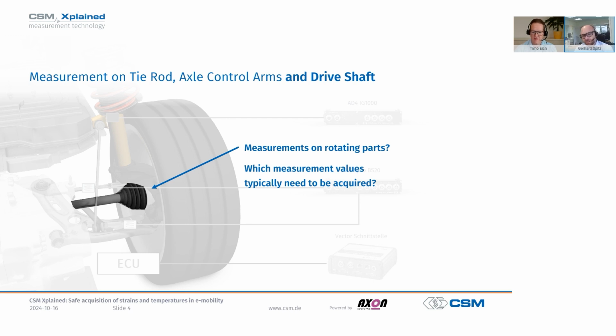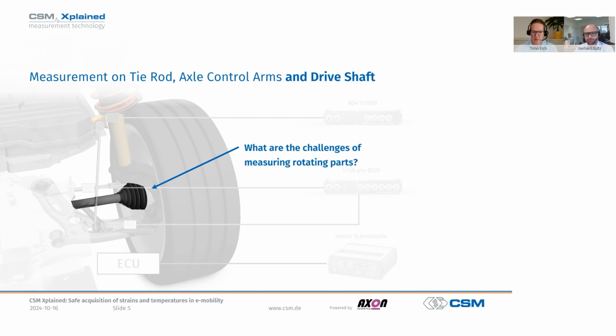So if you have the measurements of strain, then you have already covered a lot of tasks in automotive measurement projects. And on the other hand, of course, if you have some rotating machinery like gearbox parts, like drivetrain parts, then temperature is a very interesting part to see. So these are mainly the two values which are to be considered: strain and temperature.